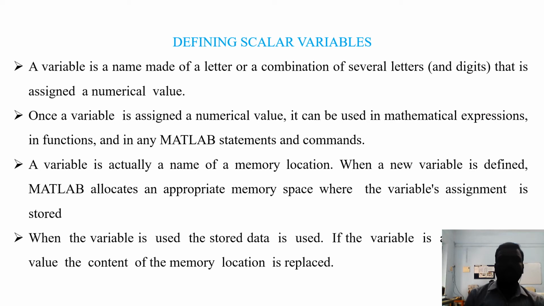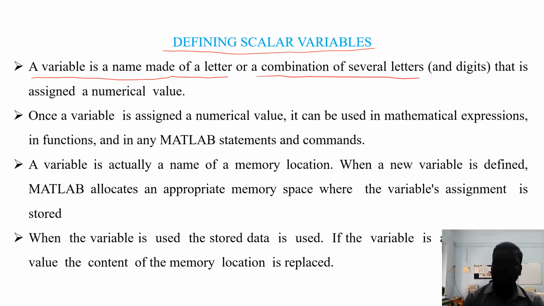So now we are going to see how to define scalar variables. First, we need to know what is meant by a variable. A variable is a name made of a letter or a combination of several letters and digits that is assigned a numerical value. Once a variable is assigned a numerical value, it can be used in mathematical expressions, in functions, and in any MATLAB statements and commands.